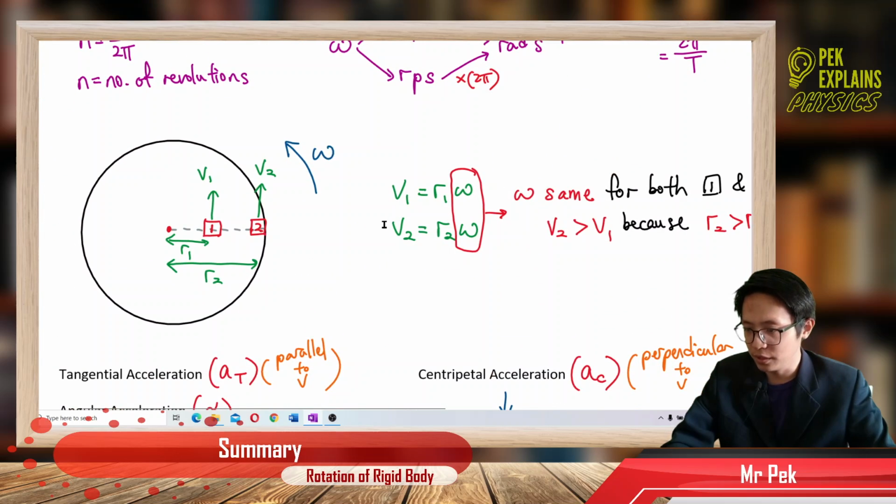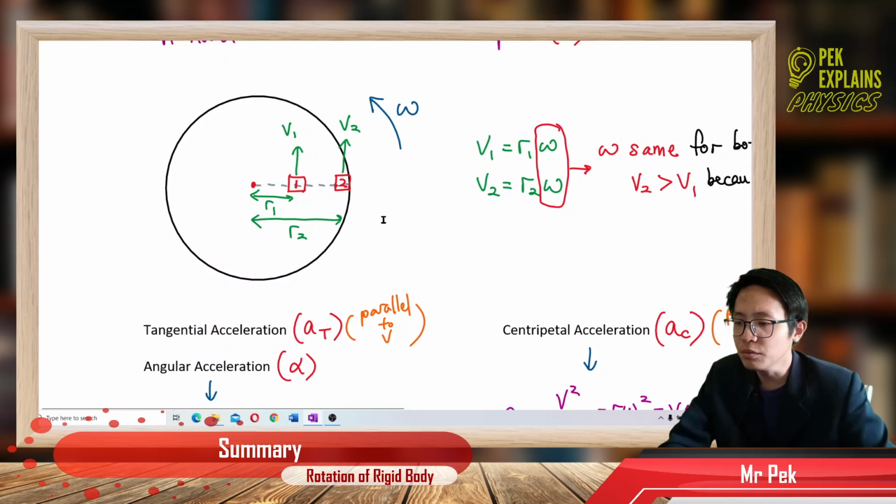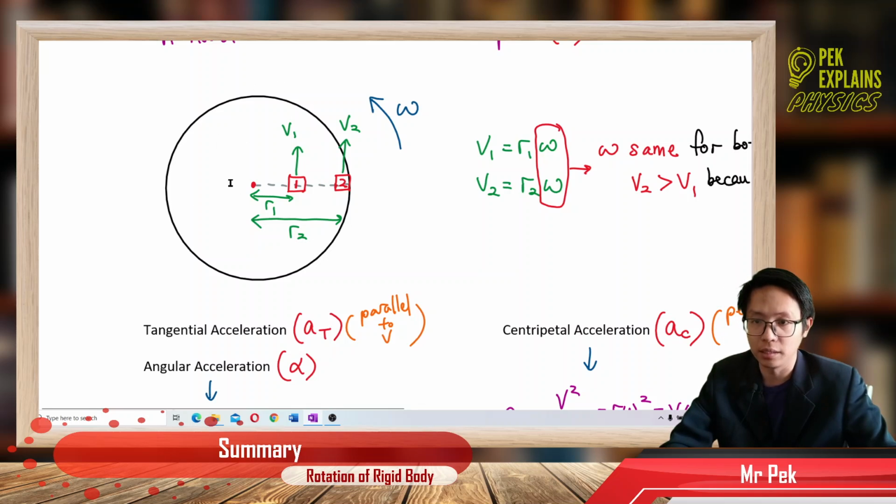Okay, and this is also a very important concept. Assume that this circle is rotating anti-clockwise. Now you have objects, this is the center. This is object 1, which is nearer to the center, and object 2 at the rim of the circle, which is very far away from the center. R1 is the distance of object 1 to the center, and R2 is the distance of object 2 to the center.